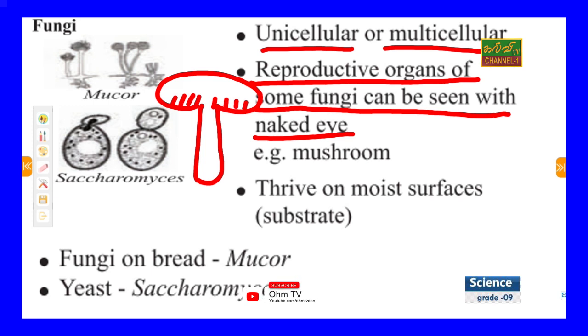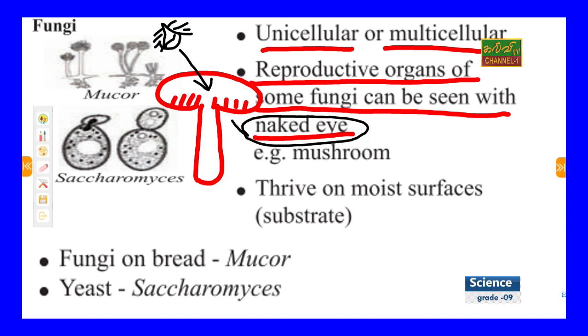So mushroom you can see with your naked eye. That is the reason they mention here can be seen with naked eye. Reproductive organs of some fungi. Some is important. Not all. Some fungi can be seen with the naked eye.